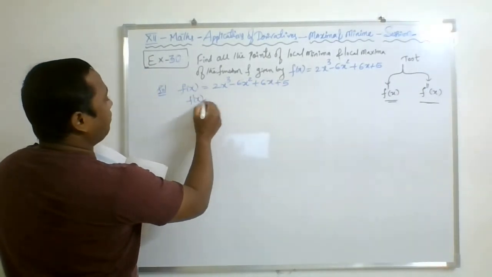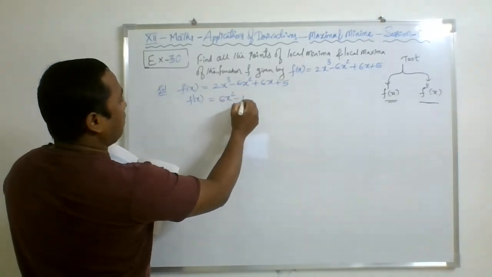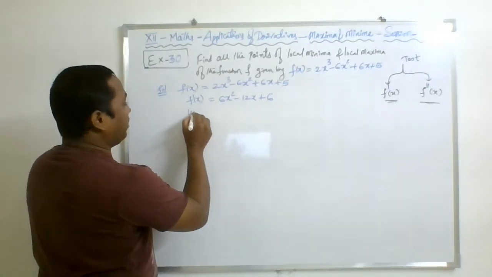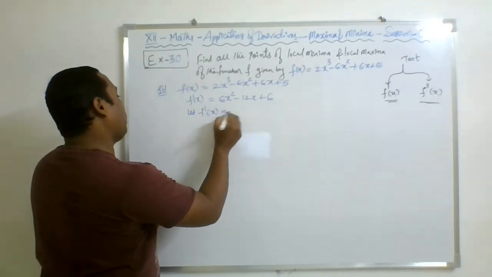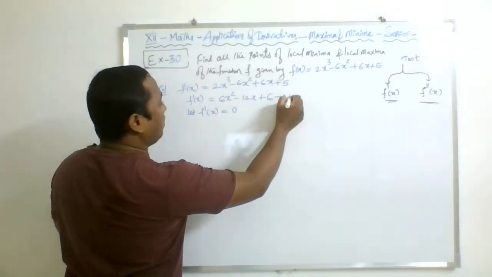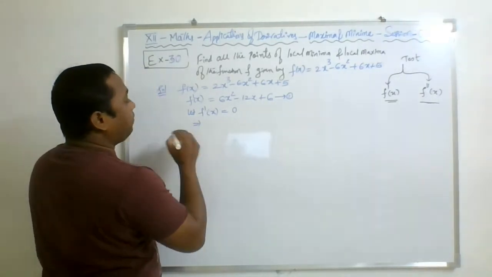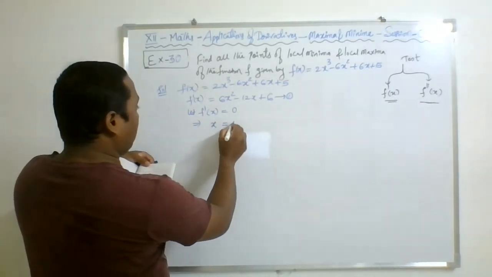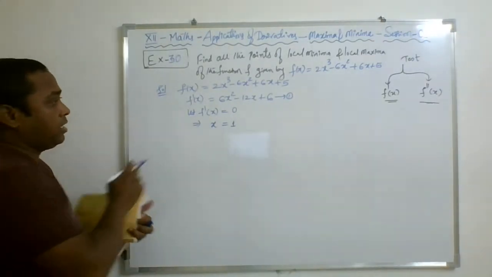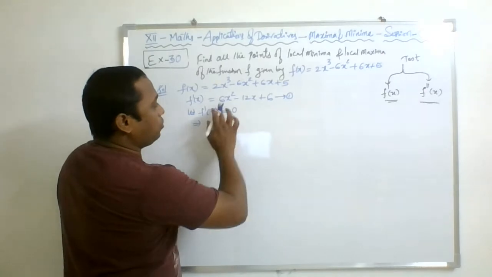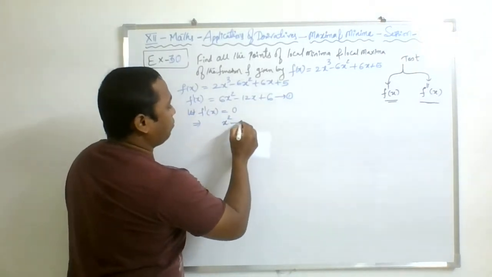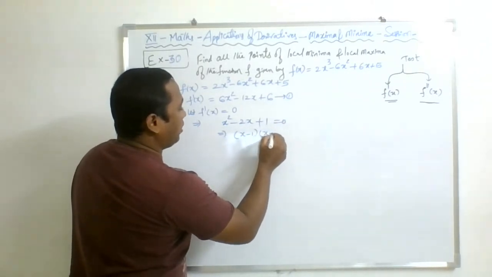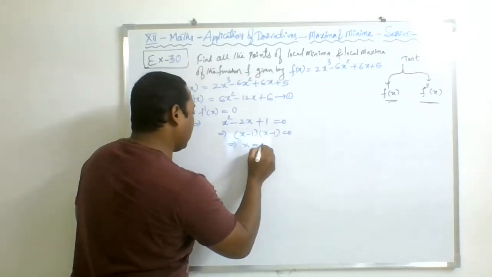We'll take the derivative, f'(x) = 6x^2 - 12x + 6, and then set the derivative of the function equal to 0 for critical points. 6 is a common factor, so you are left with x^2 - 2x + 1 = 0, which is (x - 1)(x - 1), and x is equal to 1 only.